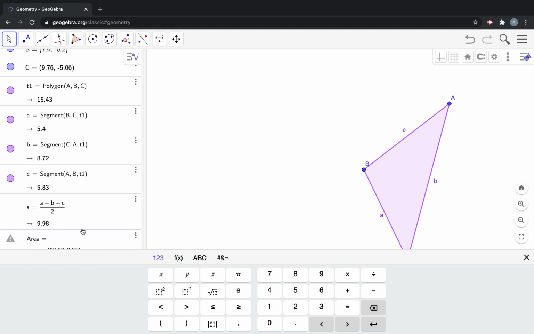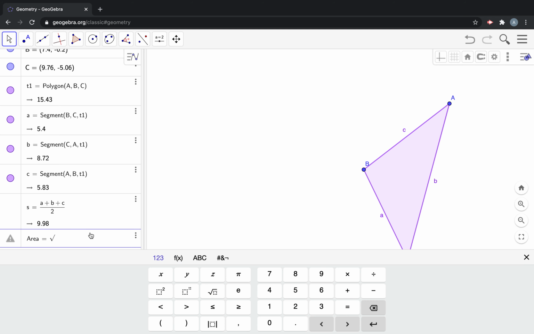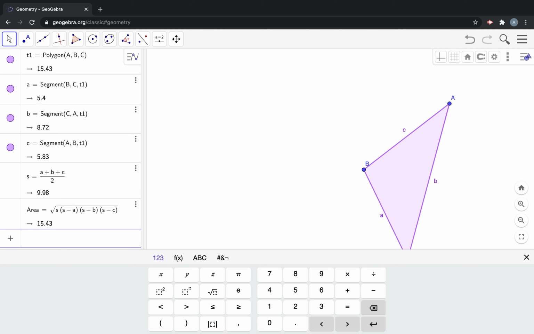And we know it is the square root of S times S minus A and S minus B times S minus C. And let's see what happens. We hit enter, and we go ahead and we get the area of the triangle using Heron's formula.